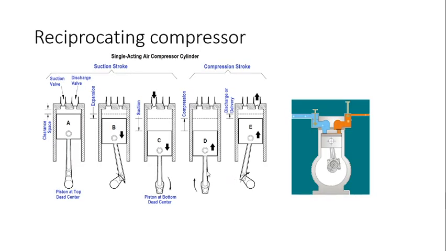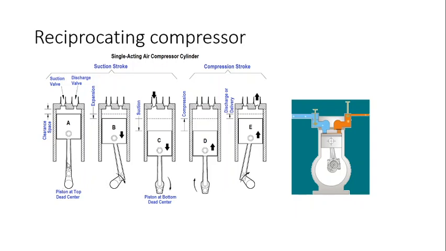So first of all, we will discuss the reciprocating compressor, how it works. This is the suction valve, delivery valve, this is the piston, this is the connecting rod, this is the crank.